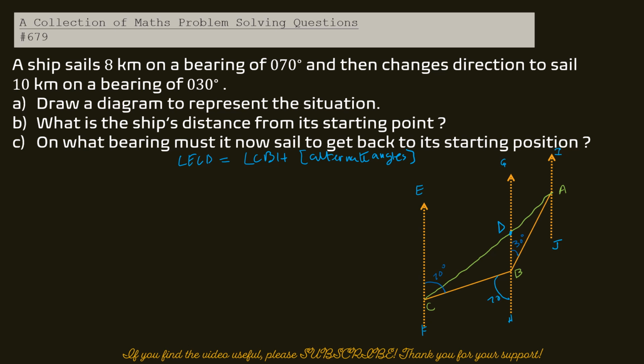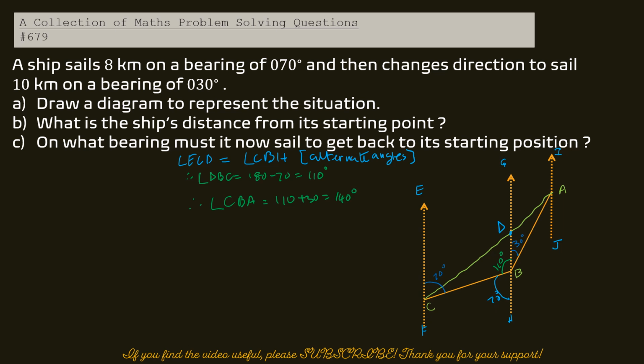So then this is also 70 degrees. Now therefore angle DBC would equal 180 minus 70, and that is 110 degrees. So therefore angle CBA equals 110 plus 30, that is 140 degrees.